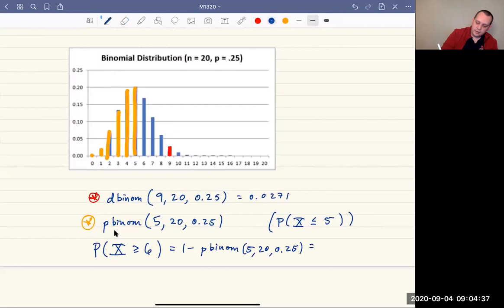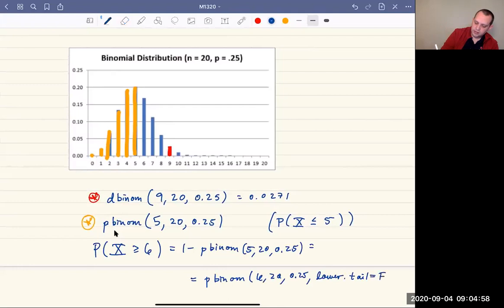Or you could actually do one other thing. You could also write this as P binomial of 6, 20, 0.25, except you have to add 1 bit of code. The code is, we're going to switch from talking about the lower tail to the upper tail.